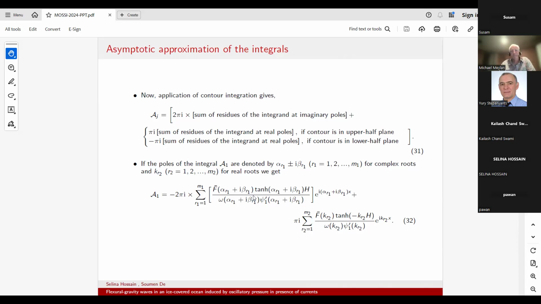Okay. Now I am working on wave generation problems, and in all the papers I have published, we have calculated the asymptotic approximation of the integrals, and this can be extended to 3 dimensions also.